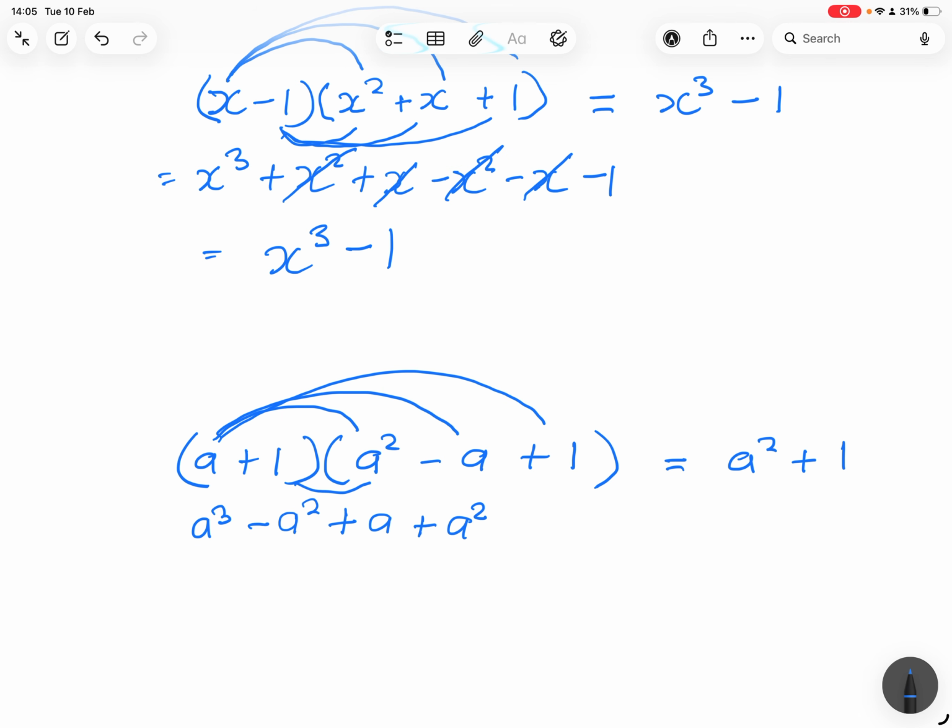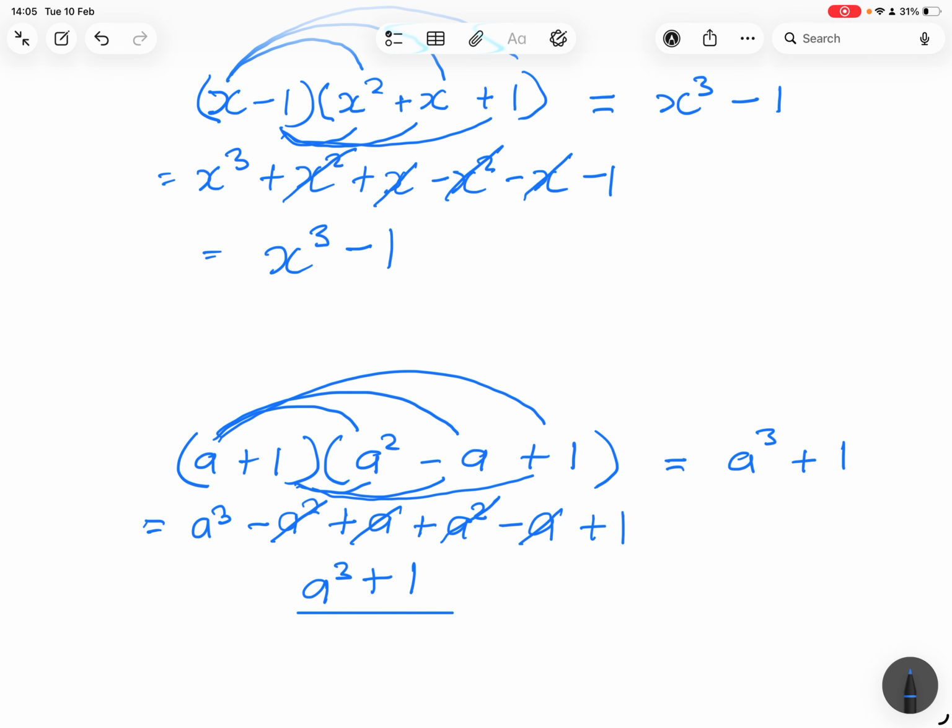That's a times negative a, that's minus a. And finally, we've got 1 times 1, which is 1. So a squared minus a squared, they cancel each other out. And what do we have? We've got a cubed. In fact, I said a squared here when I wanted to say a cubed plus 1. And that is how the cookie crumbles, ladies and gents.